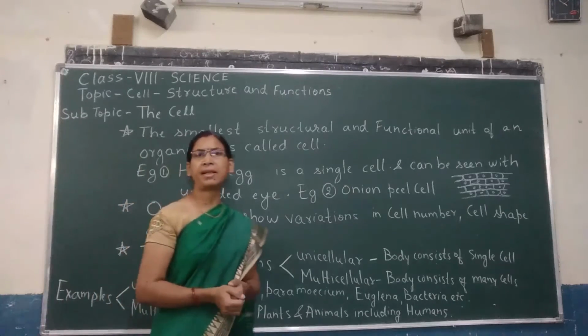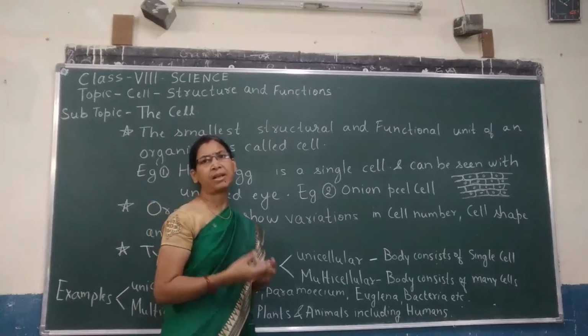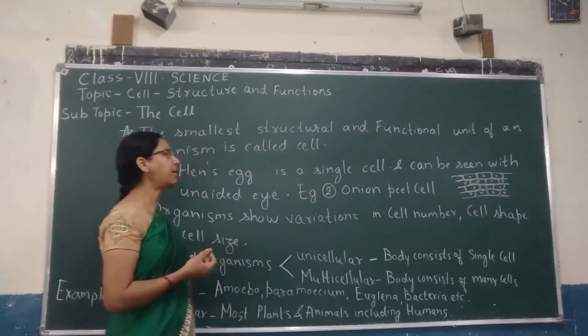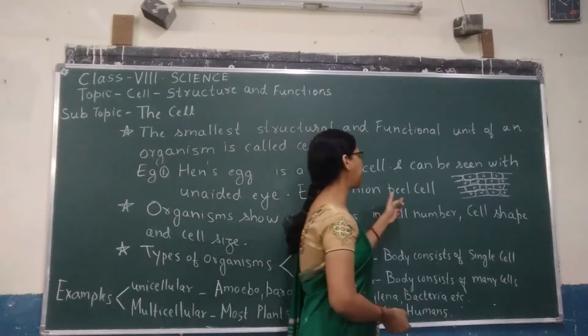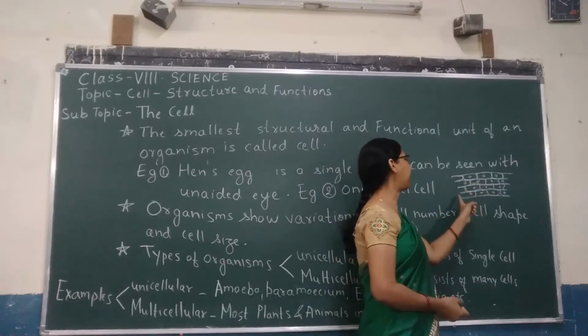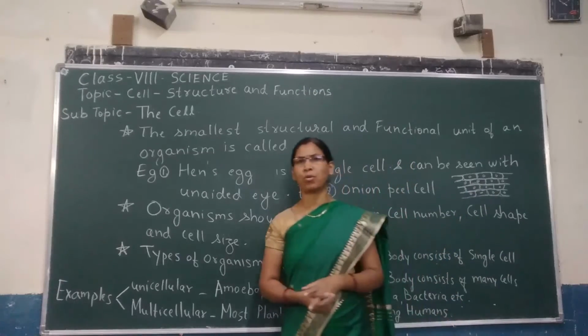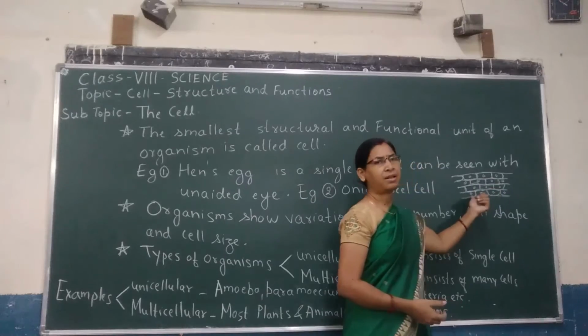It is a single cell. Though it is looking big and can be seen with an unaided eye, still it is a single cell. Another example is onion peel cell, for example, for plant cell. It will look something like this under a microscope with so many compartments, as we have discussed earlier.